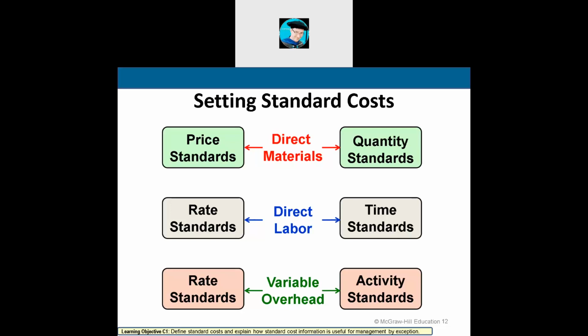And we can also figure out the standard for variable factory overhead. We take the standard factory overhead rate times the activity standard to get the variable overhead standard. That's how we set our standard prices.